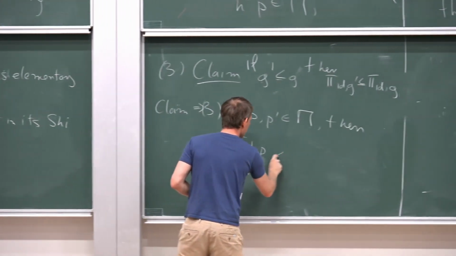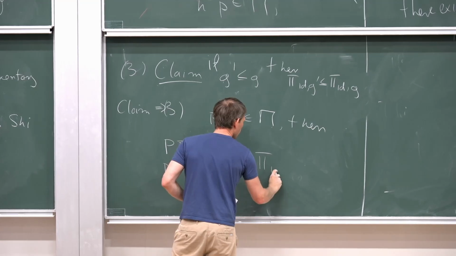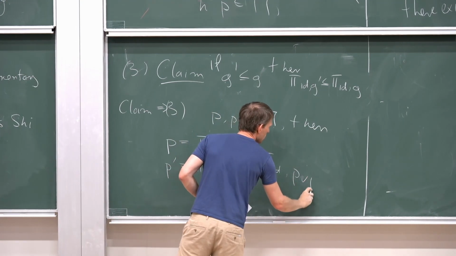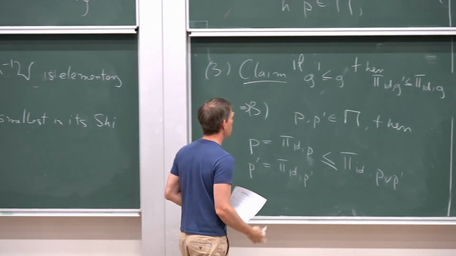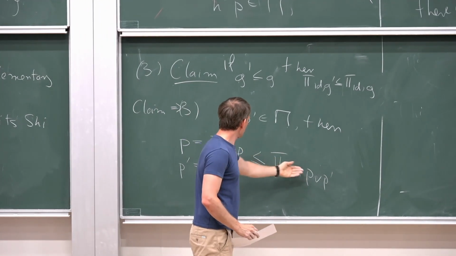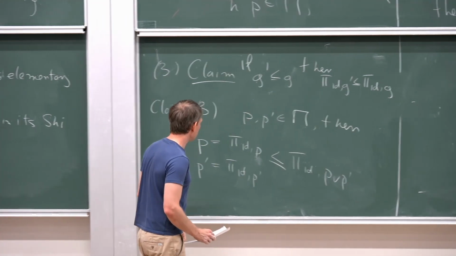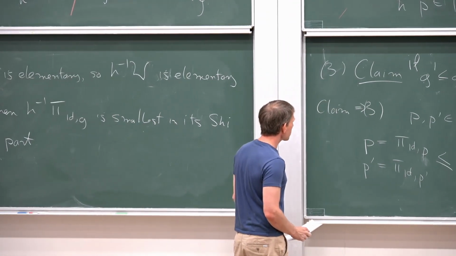And by monotonicity, they are both smaller than the projection from identity towards the join. We assume it exists in part 3. And the join is larger than P, so we have an equality between the projections.